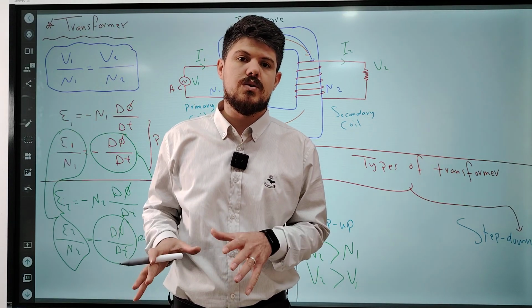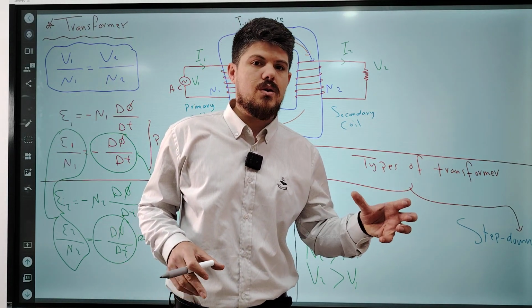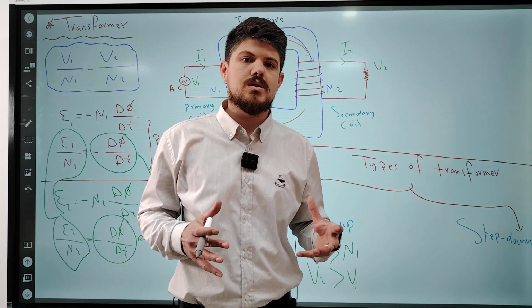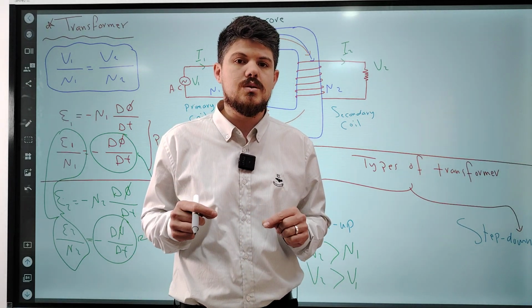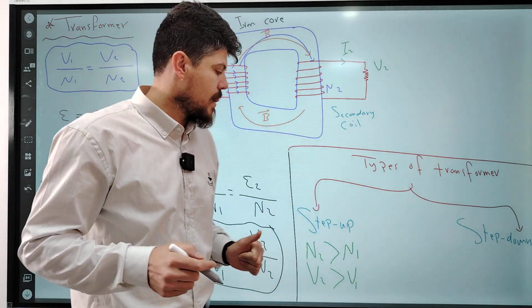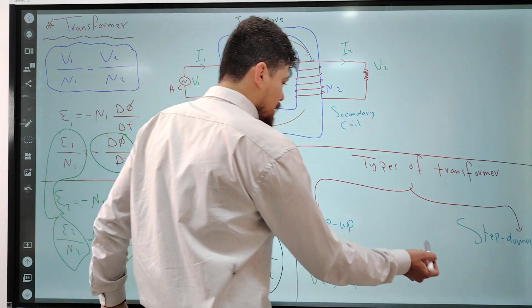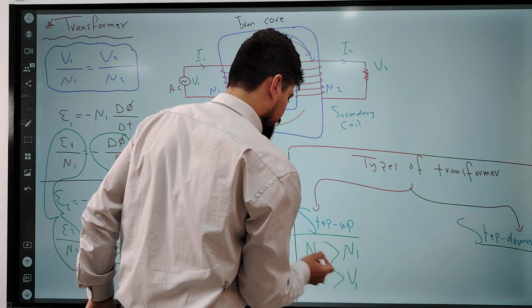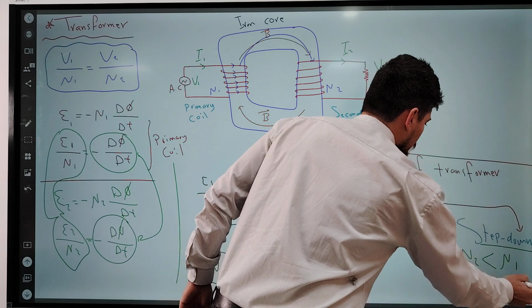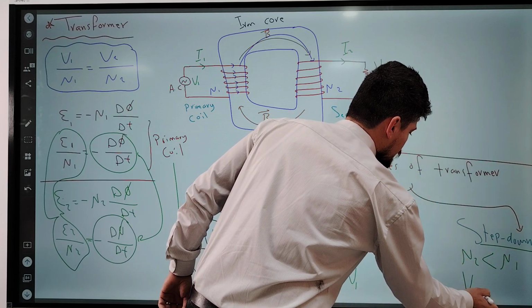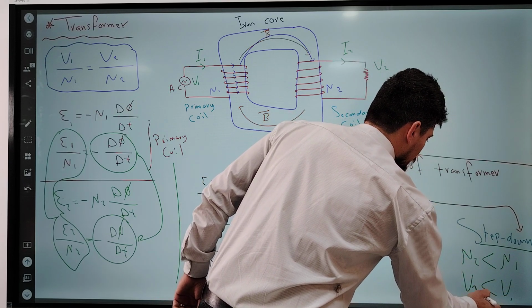is 240 volt, but the microwave oven requires 2000 volt. So in that case, we have to use a step up transformer. So in step down transformer, N2 is less than N1 and V2 less than V1.